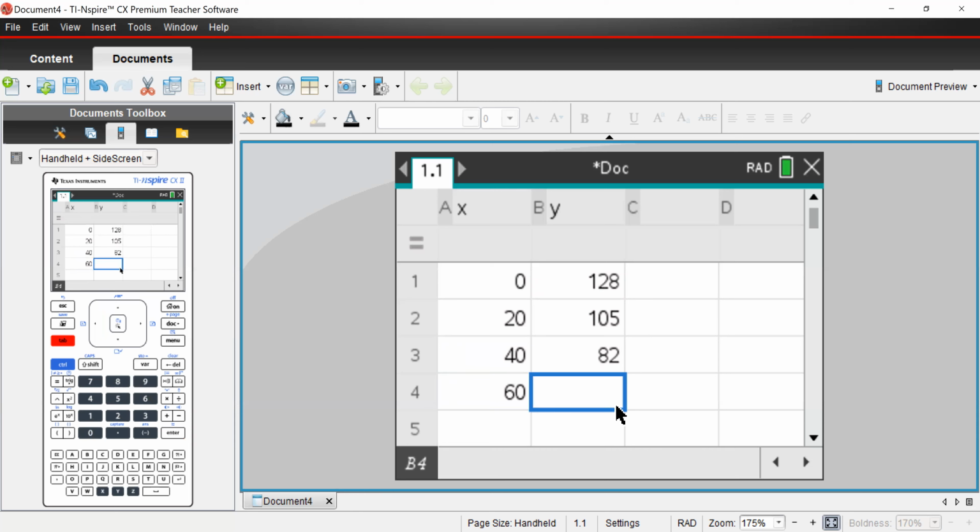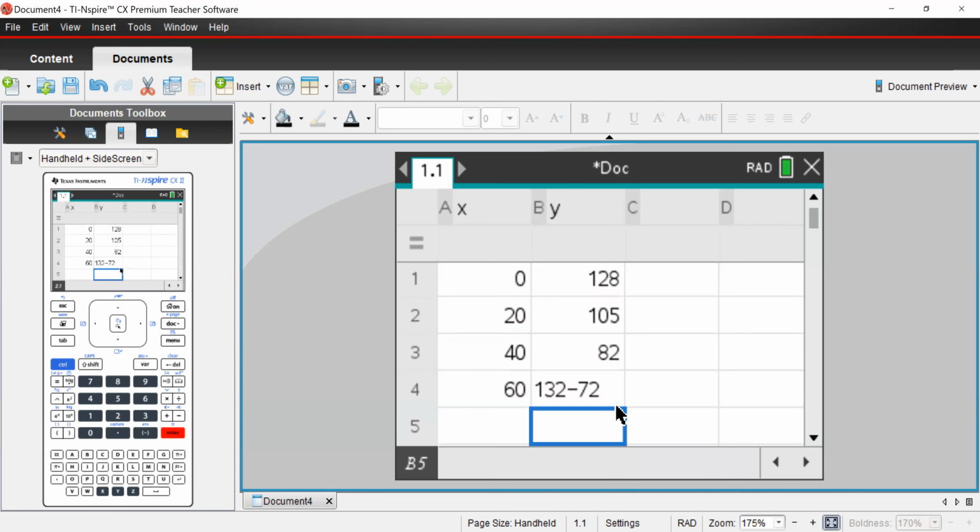And then at 60, 132 minus 72. Now, one thing is this. You may actually just type in 132 minus 72, if you are a bit lazy like me, or you can just go ahead and say, all right, that's easy, that's just 60. So either way works.